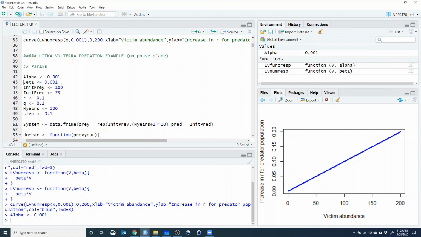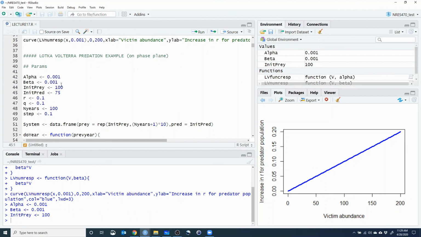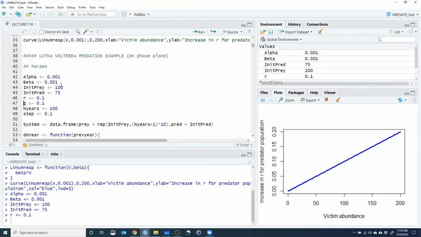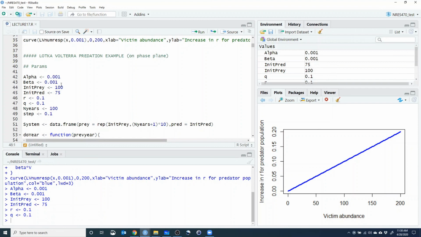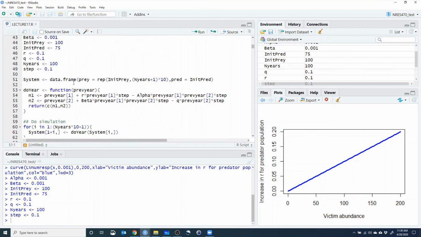We're going to set alpha and beta to 0.001, initial abundance of prey to 100, abundance of predators to 75, r, the intrinsic growth rate of the prey population, to 0.1, and q, the intrinsic death rate of the predator population in the absence of prey, is 0.1 here. We'll run it for 100 years, and the time step will be 1/10 of a year.